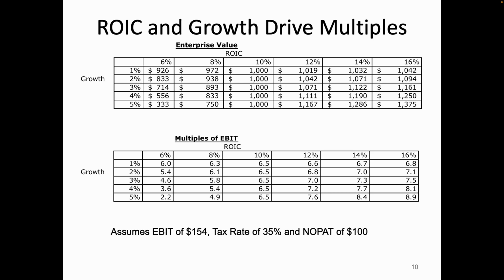So here's my question. What does it mean to have a 6.5 times enterprise value to EBIT multiple? If a company in this industry has a 6.5 times EV to EBIT multiple, what can we infer? If they're trading at 6.5 times EBIT, what can we infer?